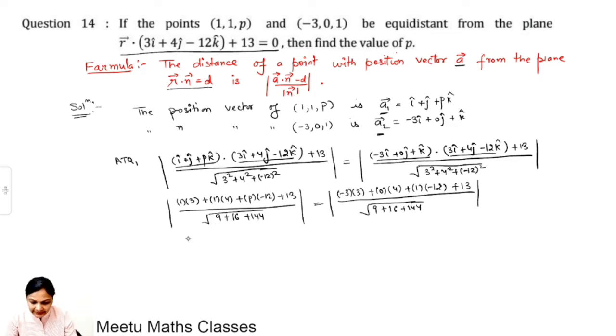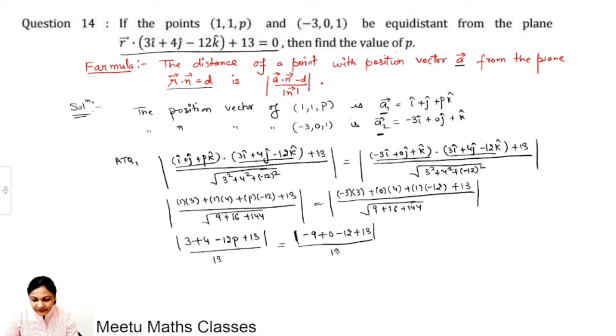So 13 can be taken out from the modulus. So this is the modulus of 3 plus 4 minus 12p plus 13, divided by 13, equals the modulus of minus 9 plus 0 minus 12 plus 13, divided by 13.